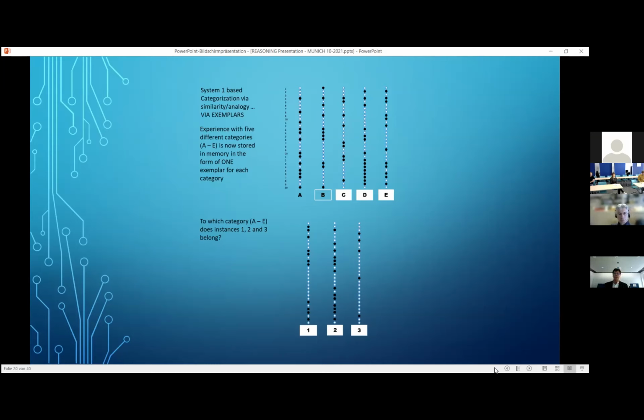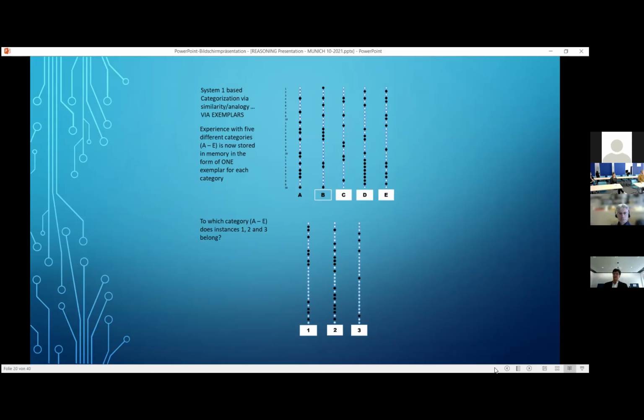So I'm going to ask you to take a look at simply case number 1 on the bottom, towards the left-hand side. Based upon your knowledge of these 5 previously experienced exemplars, which of those 5 does case number 1 best look like? And similarly, case number 2 and case number 3.